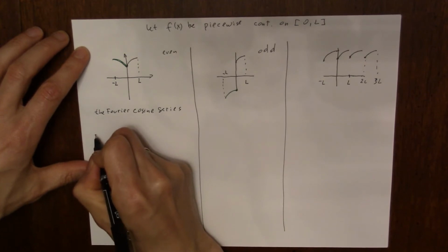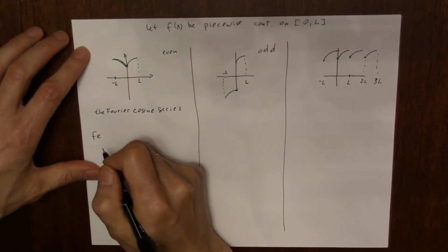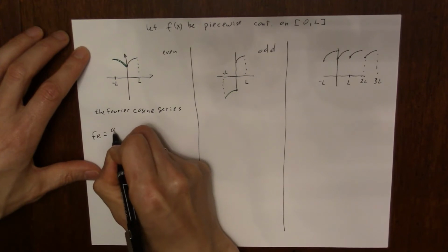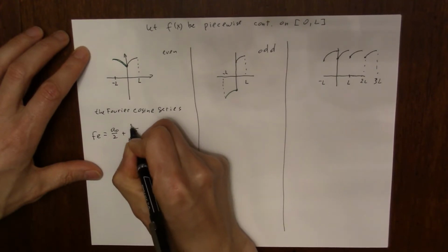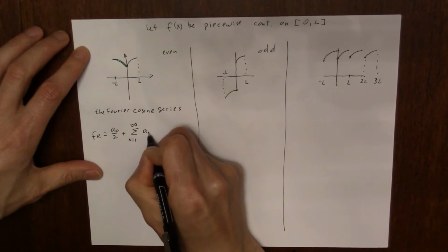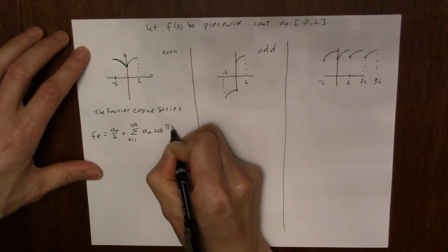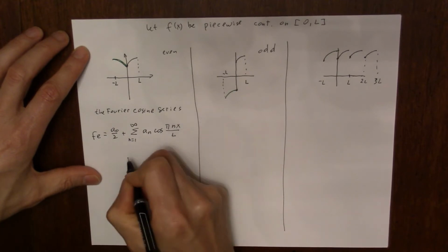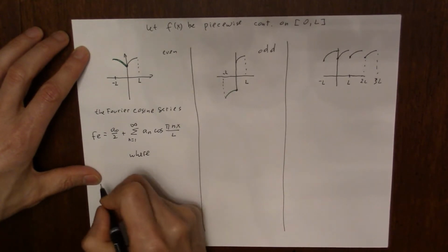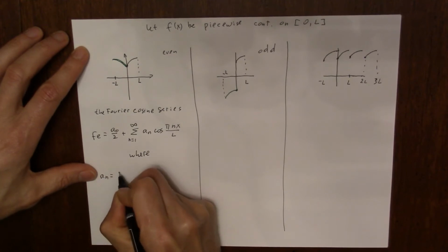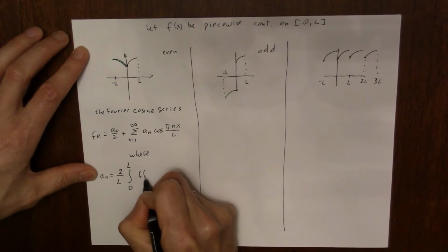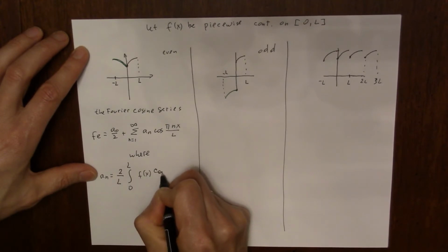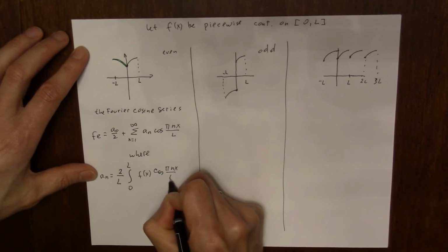So we're going to get f even, which equals a0/2 plus sum from 1 to infinity, an cosine of pi n x over L, where an equals 2 over L integral from 0 to L f of x cosine pi n x over L dx.